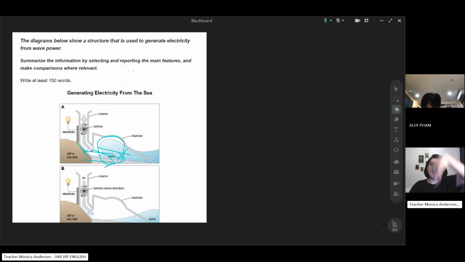First it went up, now it goes down. And what happens again? The air flows, the turbine starts rotating, and again we have electricity generated. So this way we can easily write our essay about a process diagram.